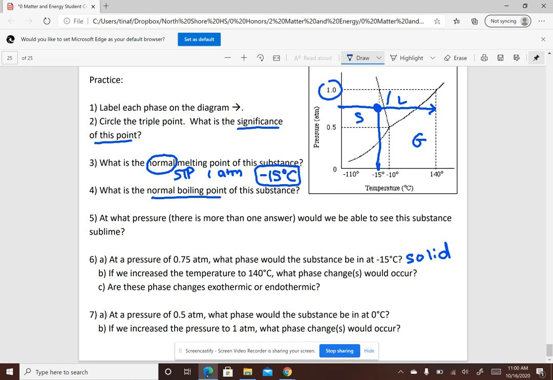You passed the solid to liquid line, so I know that my substance melted, and you passed the liquid to gas line, so you know your substance boiled as well. Okay. Finally, are these phase changes exothermic or endothermic? I'm going to let you guys answer that one on your own, and I'm going to let you do number 7 on your own as well.